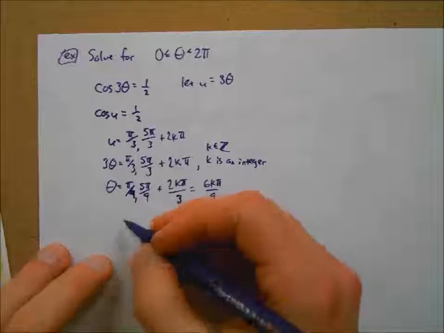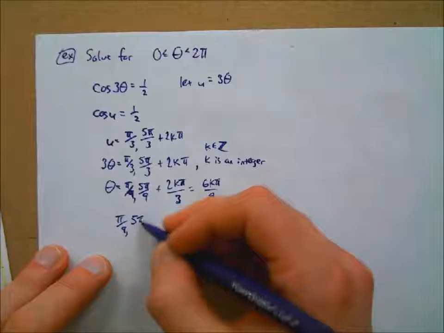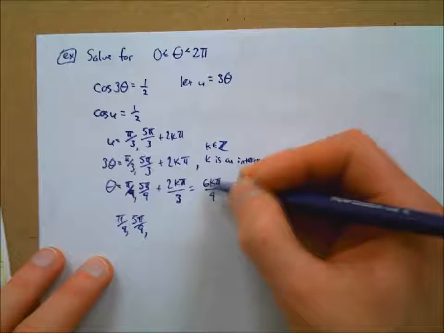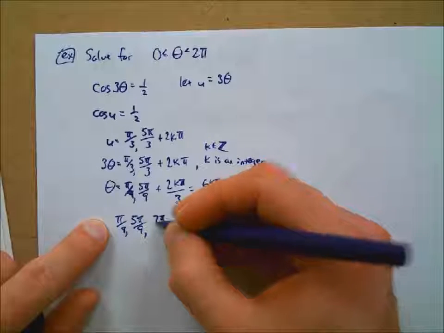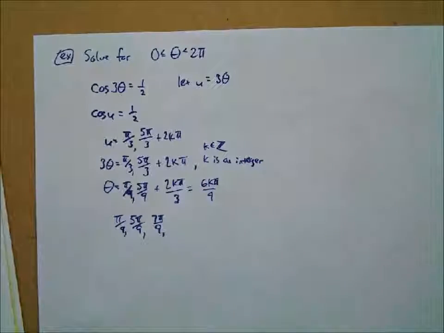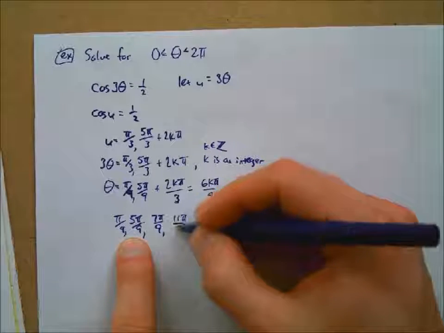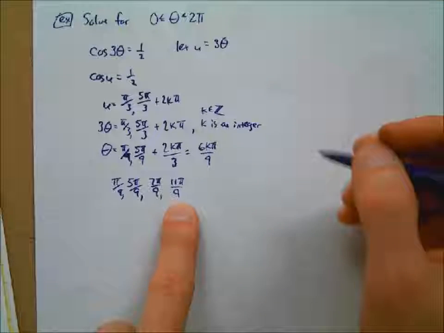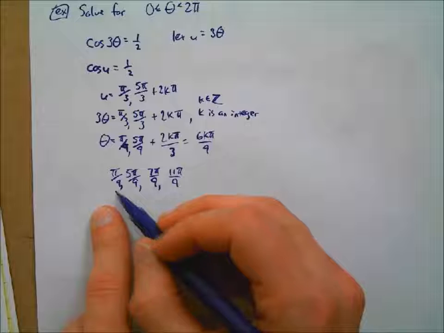So, pi over 9 was a solution. 5 pi over 9 was a solution. Those were easy enough, but now I'm going to add 6 pi over 9. Adding that to there, we get 7 pi over 9. Adding it to here, 11 pi over 9. Am I still less than 2 pi here? Yes, I am.